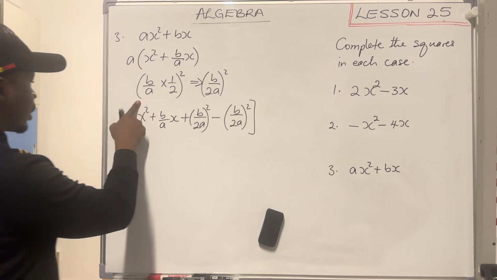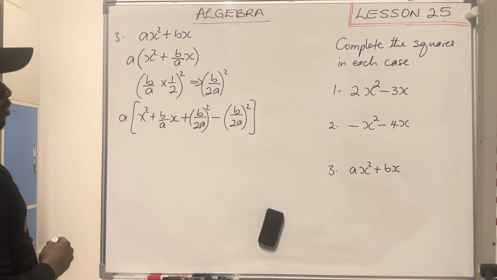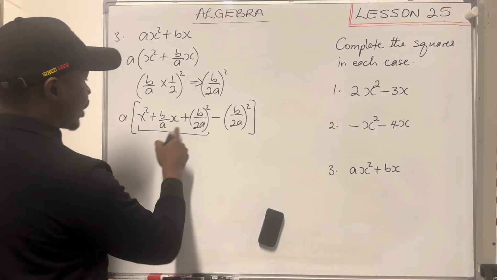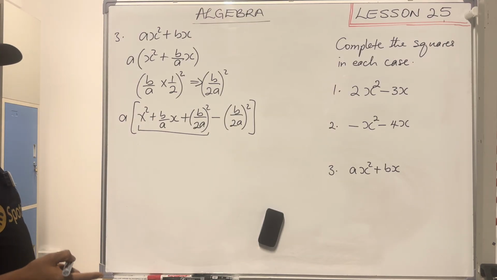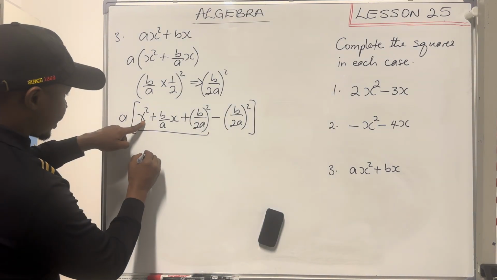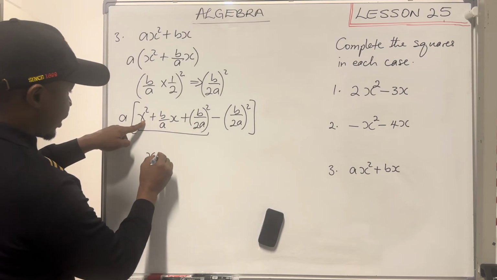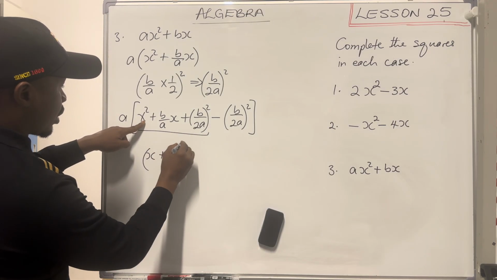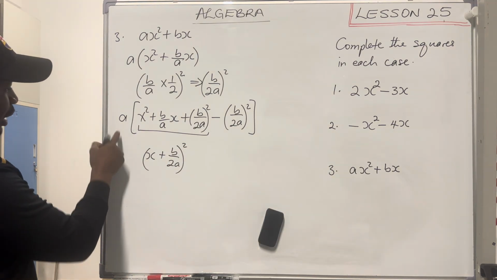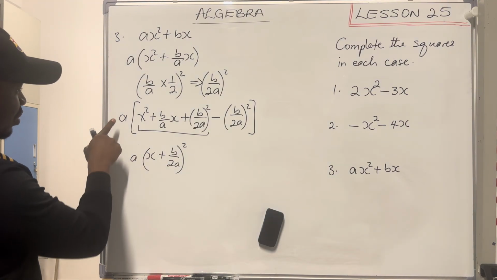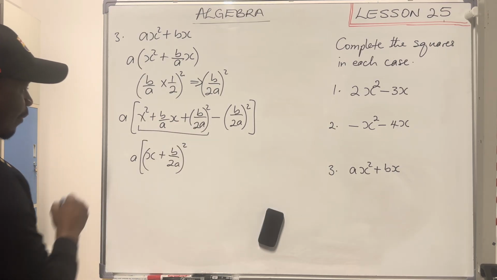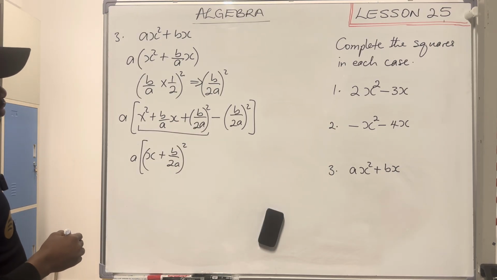The first three terms will give us one bracket. What is the bracket? The base is x, plus b over 2a. Do not forget this a. Don't just write it like this because it is affecting not only this, also this. So don't forget this one, please.